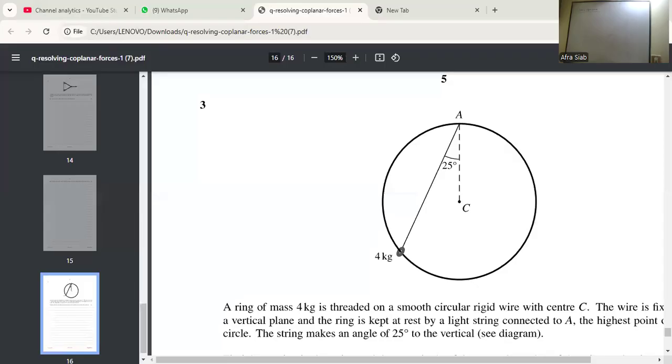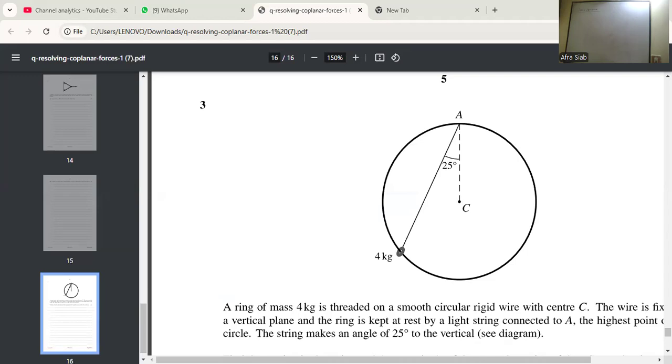We are solving a question regarding forces and equilibrium. A ring of mass 4 kg is threaded on a smooth, circular, rigid wire with a center C. The wire is fixed on a vertical plane and the ring is kept at rest by the light inextensible string connected at the point A, which is the highest point above the circle.